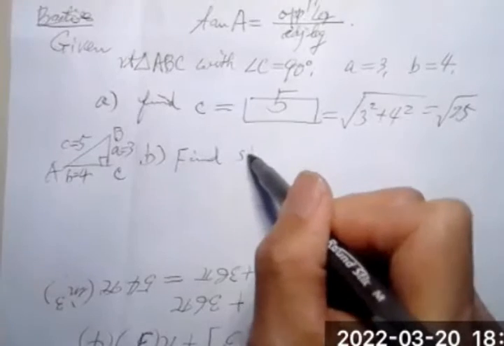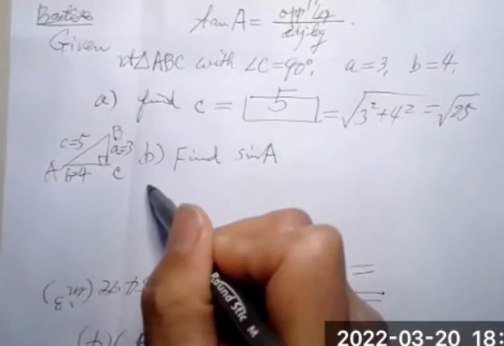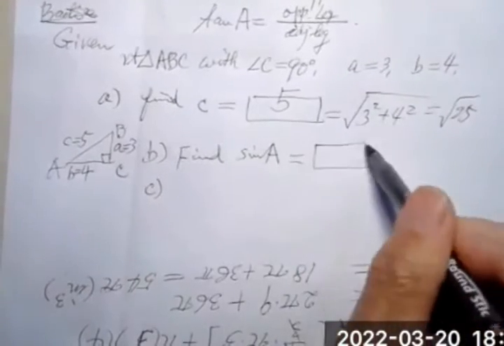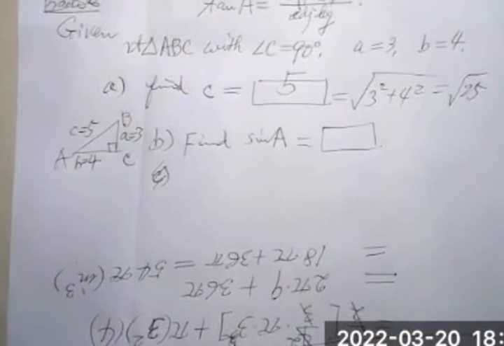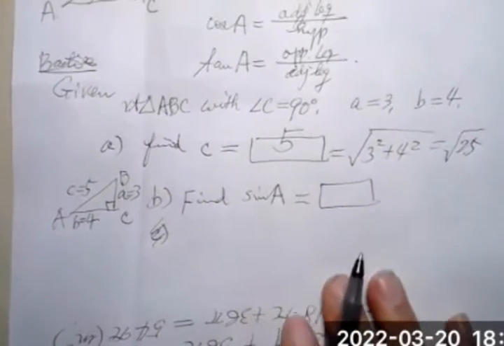Find sine A. Fast. One correct answer. Sine A is the opposite leg over hypotenuse.